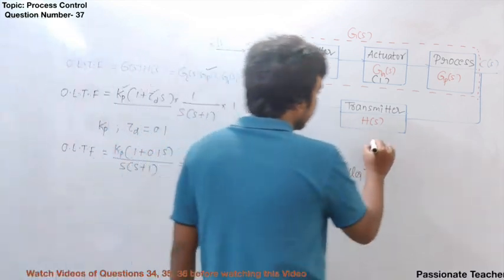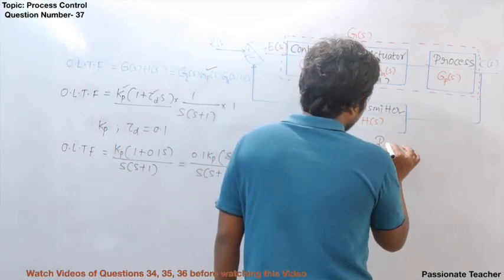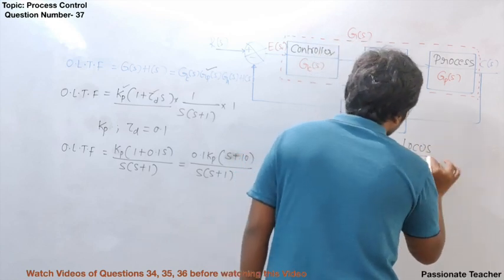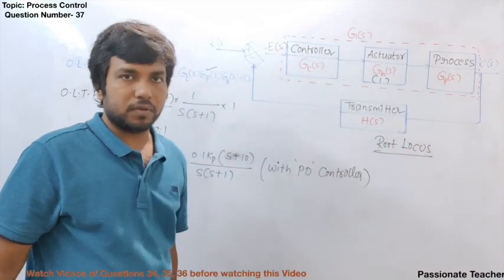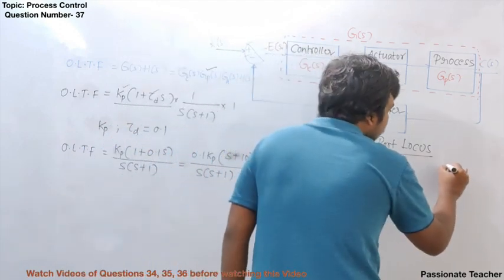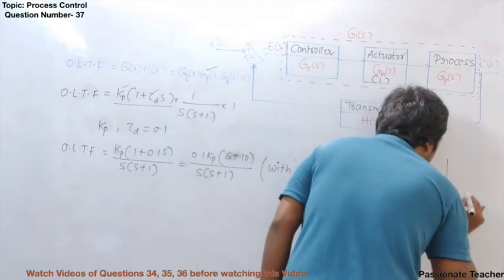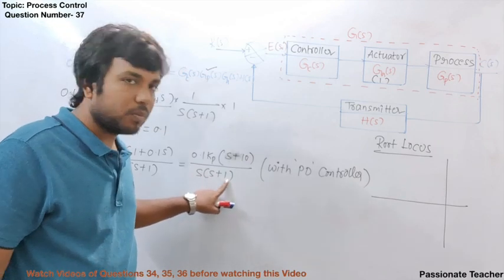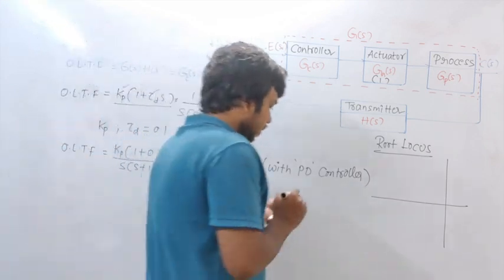The root locus plot for this, in simple words. I am not sketching the original root locus; for understanding purpose, I am giving the root locus here. So the open loop transfer function poles: one pole is at S equal to 0, and another pole is at S equal to minus 1. What does it mean?